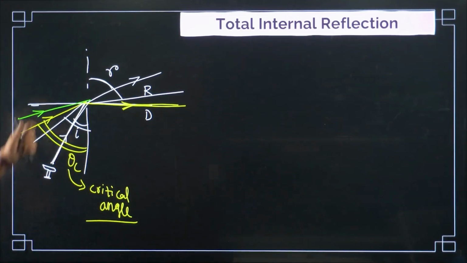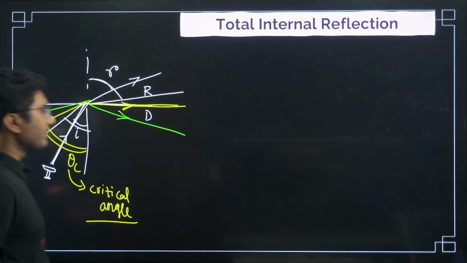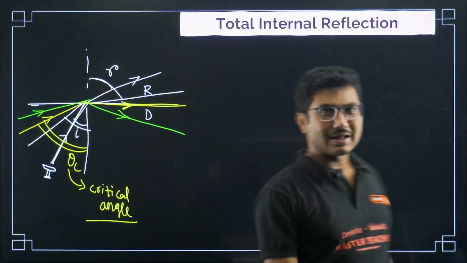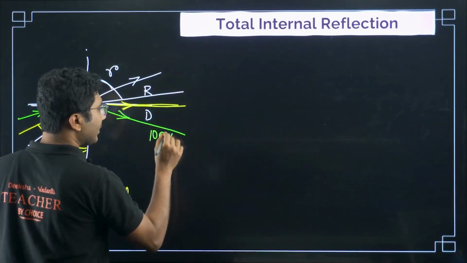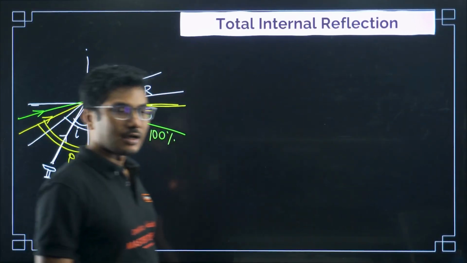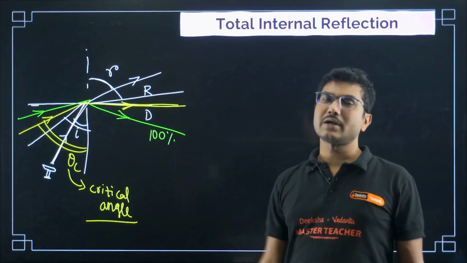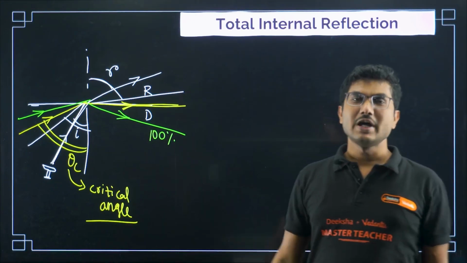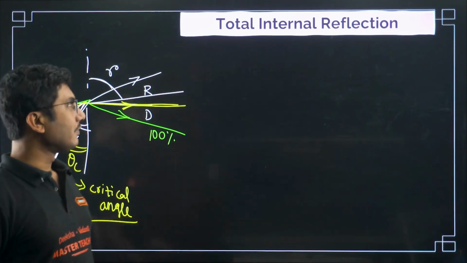Instead of going into the first medium, it will now reflect back according to the law of reflection, and the entire 100% of the light will come back to the first medium itself. This phenomenon is called total internal reflection.